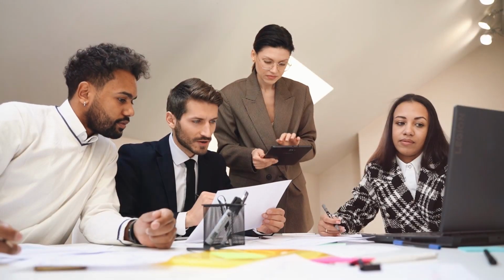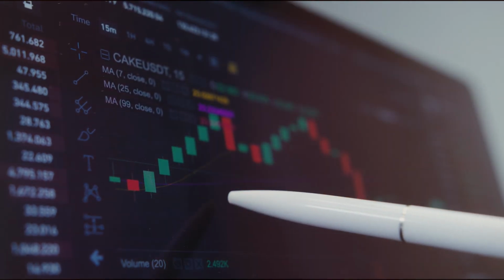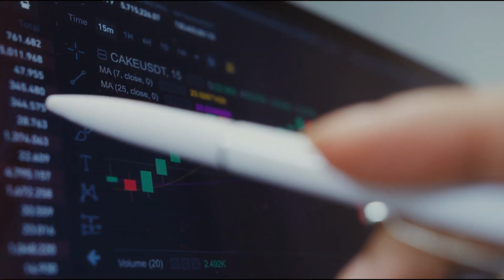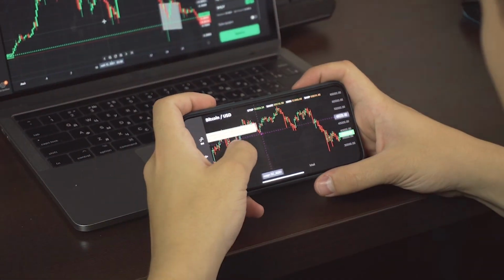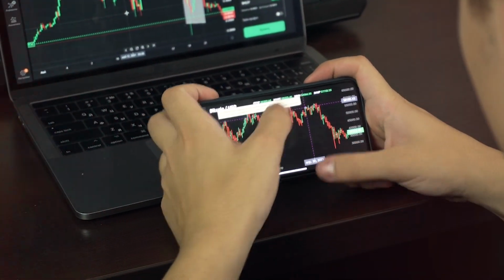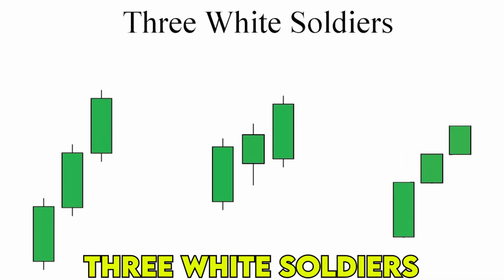By including these powerful candlestick patterns into their research, traders may improve their ability to predict market reversals and profit on new trends. To have a better understanding, let us explain the important aspects of each candlestick pattern and present real-life trading examples.